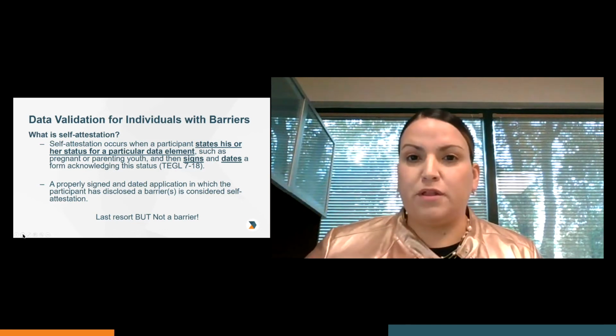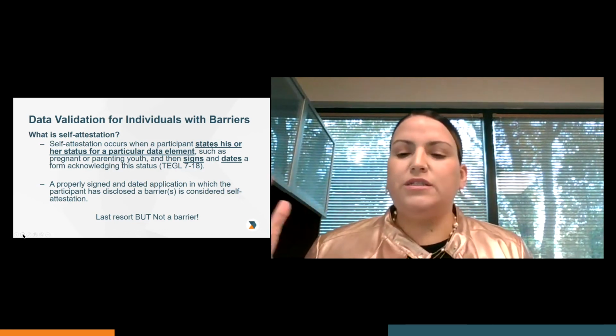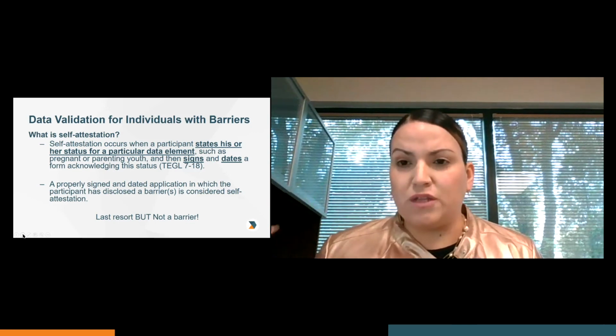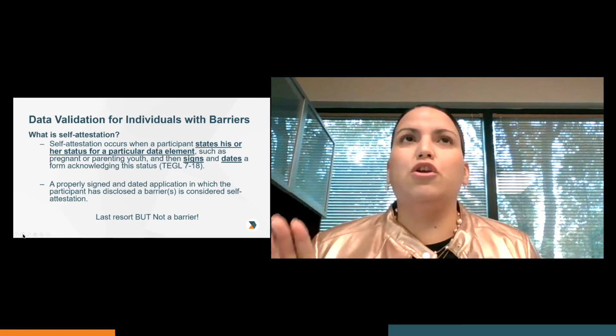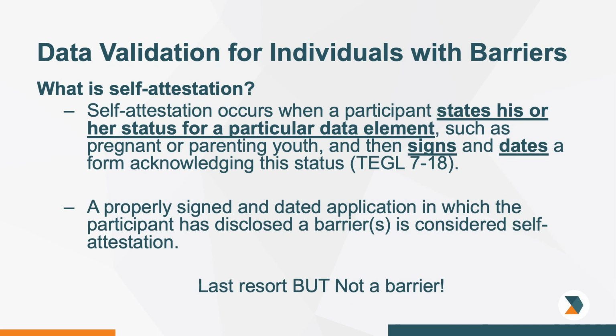utilizing for eligibility purposes. And this is how ETA looks at self-attestation in that instance. Let me tell you that for eligibility and priority of service, self-attestation cannot be used for all elements. It's allowed in some, but it's not allowed in all. Like, you can never use self-attestation for determining low income.